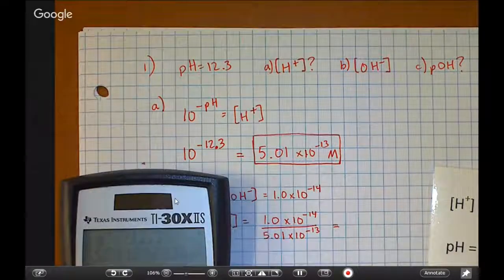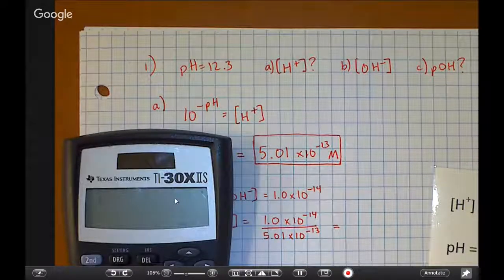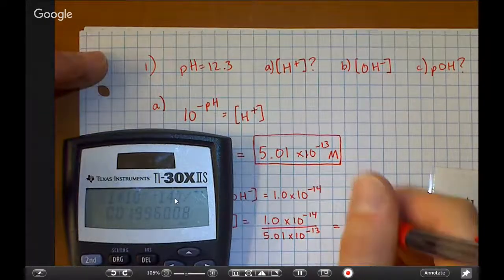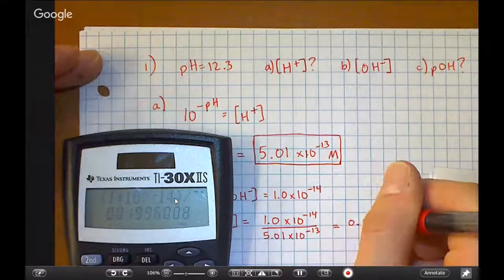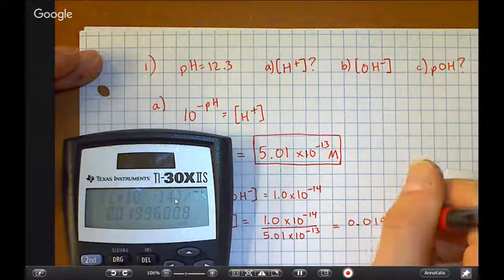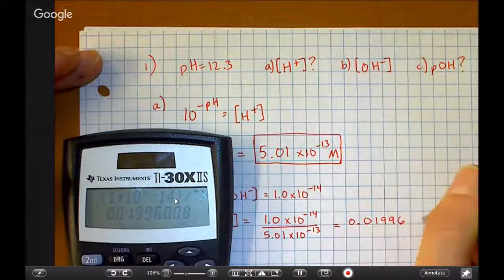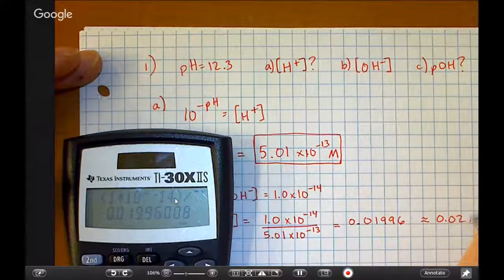On the calculator, you do 1 times 10 caret negative 14. Notice I put that all in parentheses so I don't mess up order of operations. Then divide that by, in parentheses, 5.01 times 10 caret negative 13. The answer that we get is 0.01996, which is about 0.02 molar.